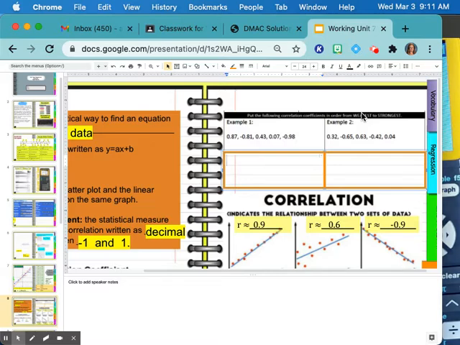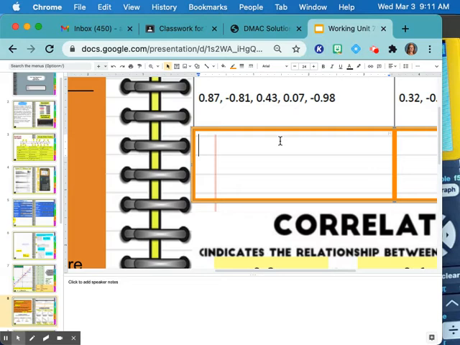Okay, so what is our weakest out of these numbers here? 0.07. Then what is the next one? 0.43. Next one, negative 0.81.